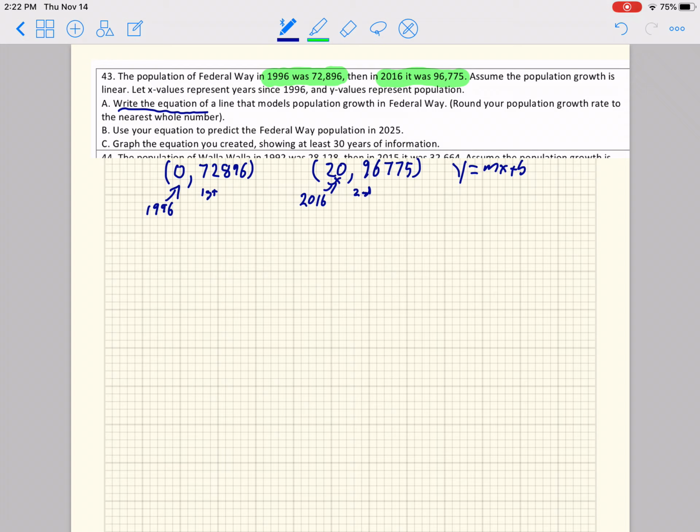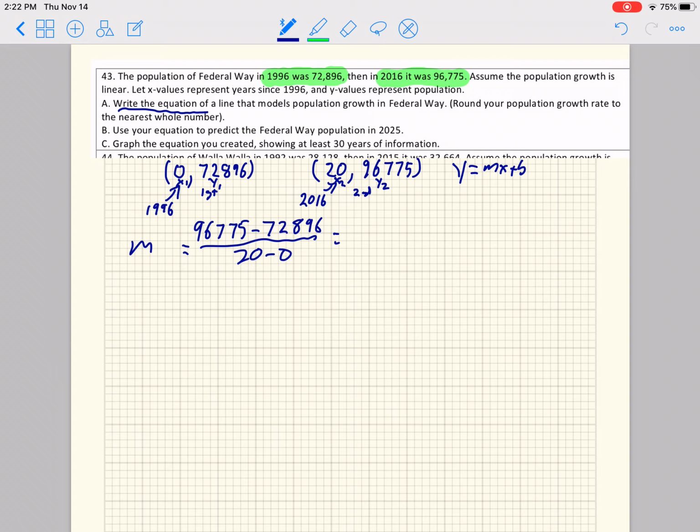So this will be x2, y2. This will be x1, y1. So 96,775 minus 72,896 over 20 minus 0. So that's going to be my slope. Again, I'm just using the slope formula, which is on your note sheet.